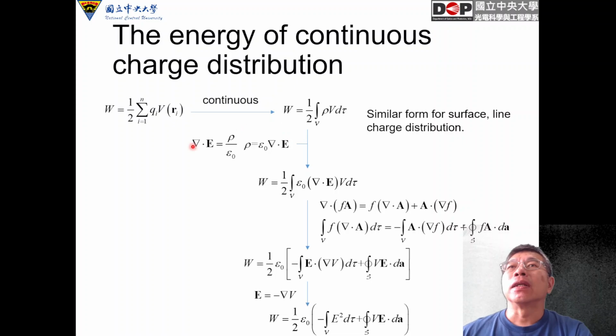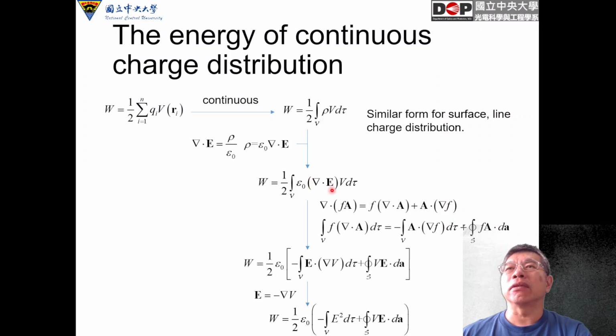Okay, now, considering what we have in Gauss's law, we rewrite the entire thing by replacing the charge distribution or charge density with the electric field. So we write things down like that.